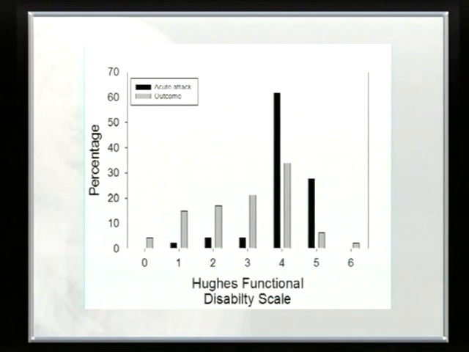The tan bars represent the follow-up measures, and you can see that the peak shifts from 4, although there are some individuals that remain at level 4. And again, level 4 means bed-bound or wheelchair-bound. But there is a substantial number now who are at level 3, 2, 1, and 0, which would be normal.